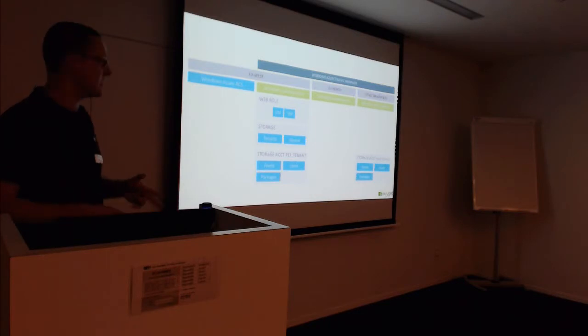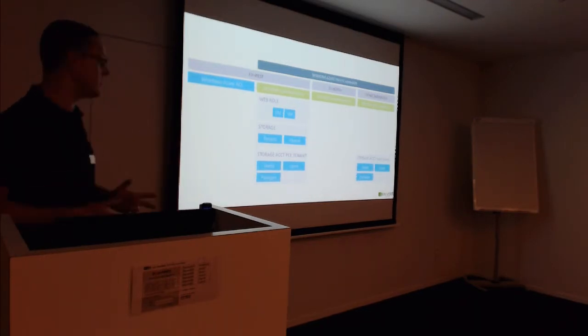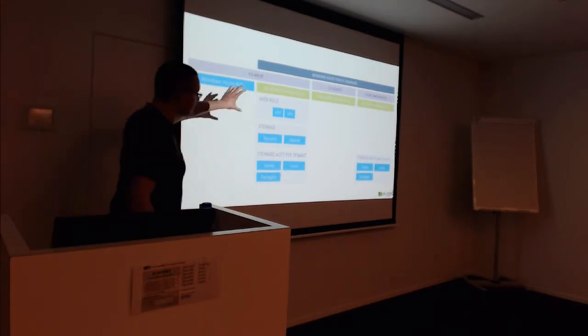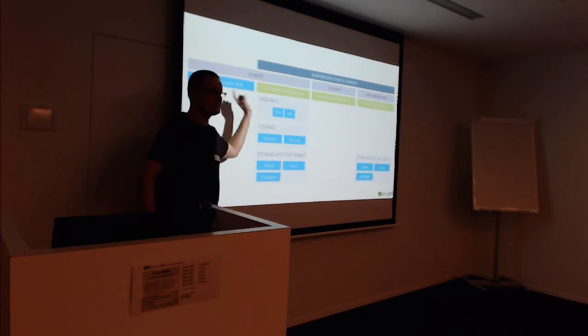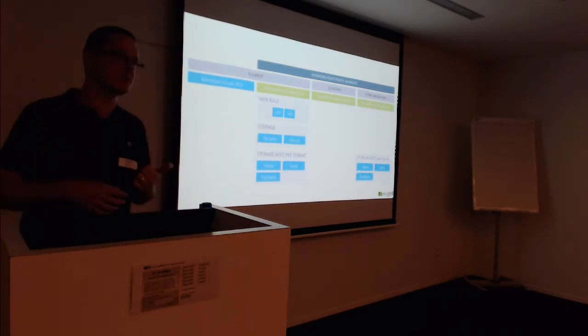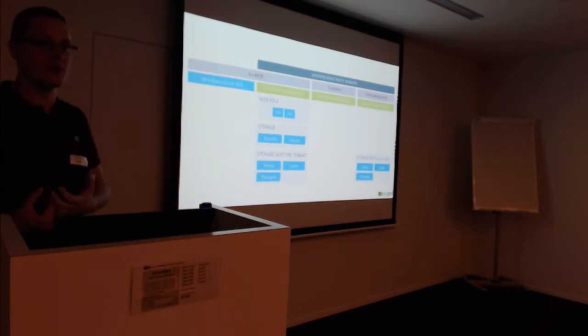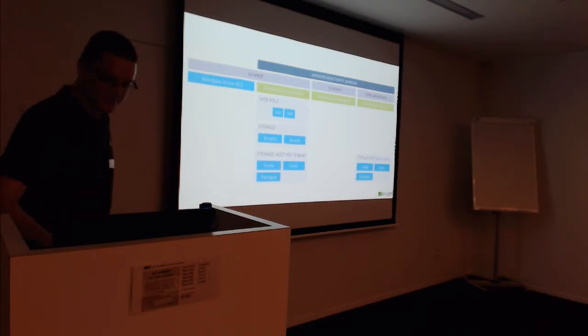Then the partition key is the ID of the package, which is very efficient because if we want to get all versions of one package, we can simply query the package ID, and we will get all of them. For the row key, we have the version, so we can do ordering and sorting, and we can fetch a specific package from one partition in a table, because every package is a partition in there.